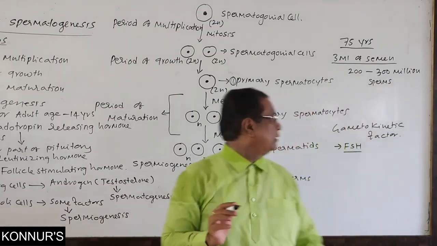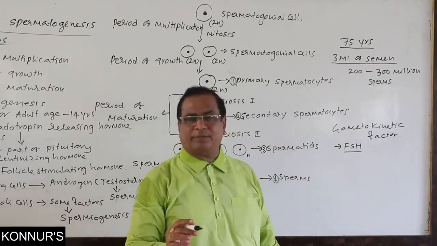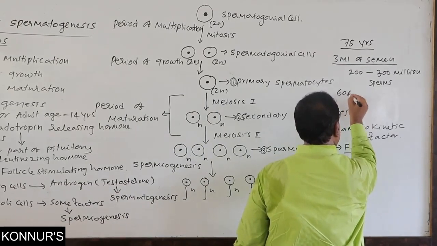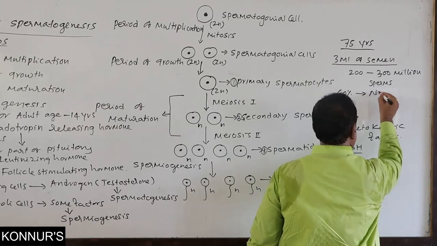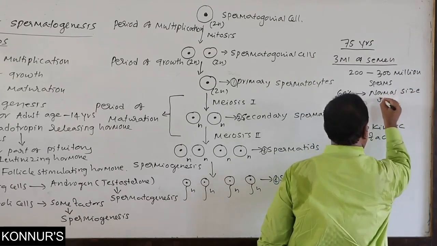In that 3 ml of semen, 200 to 300 million sperms are there. Among them, 60% gain normal size and shape.